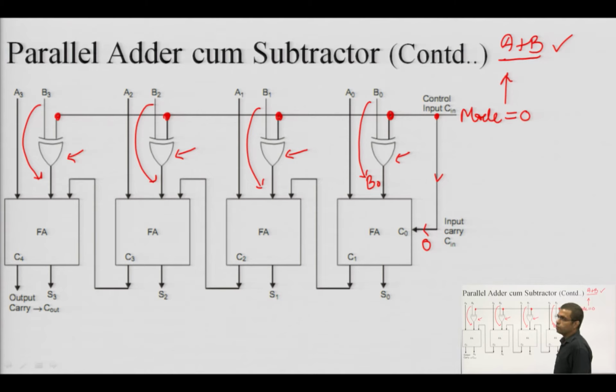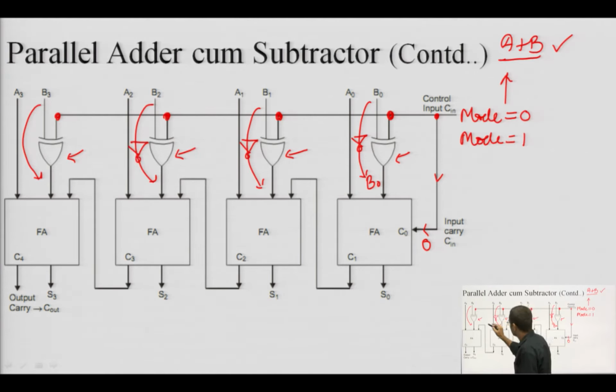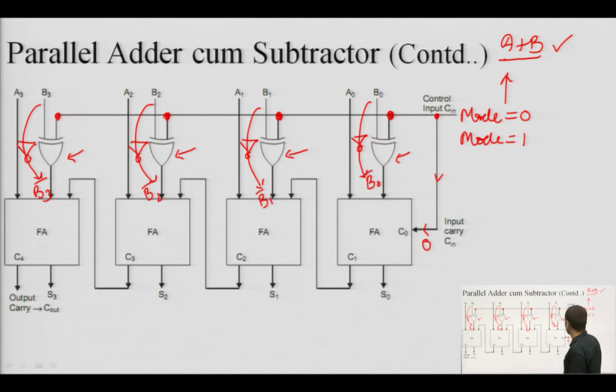And when this mode is equal to 1, now all these 4 inputs of the XOR gates are fixed to 1. That means, these will now be acting like NOT gates. So, we will be having B3 bar here, B2 bar here, B1 bar here, and B0 bar here.